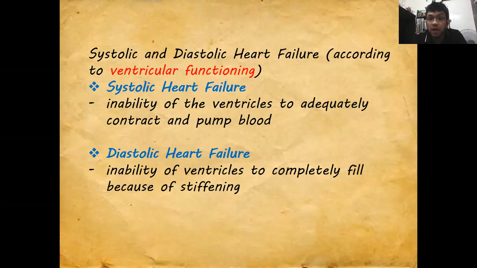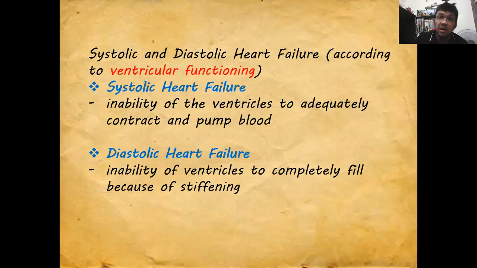But diastolic heart failure is the inability of the ventricles to completely fill because the ventricles are stiff, maybe due to scarring or whatsoever. They become stiff, so they do not contain the right amount of blood that they should contain.